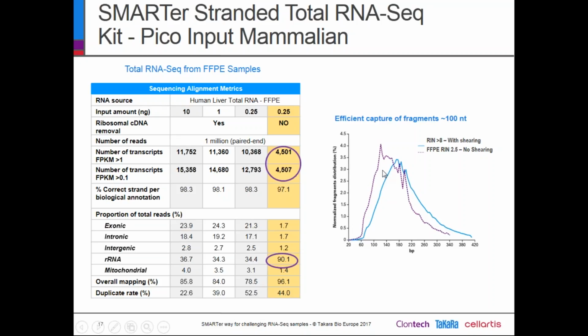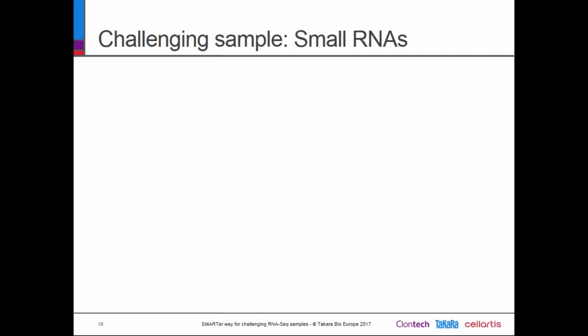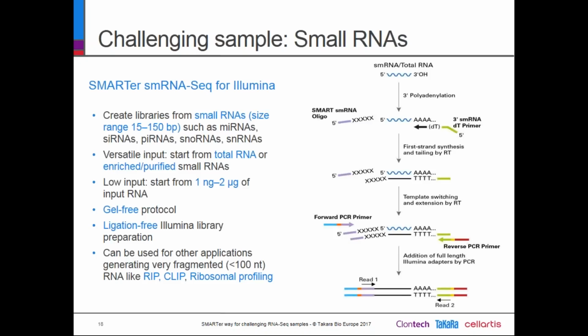But if you need to go even lower because you are working with small RNA, so less than 100 nucleotides, this is again a challenging application to get a library from small RNAs, and we have developed a technology for doing that, SMARTer smRNA-Seq for Illumina.